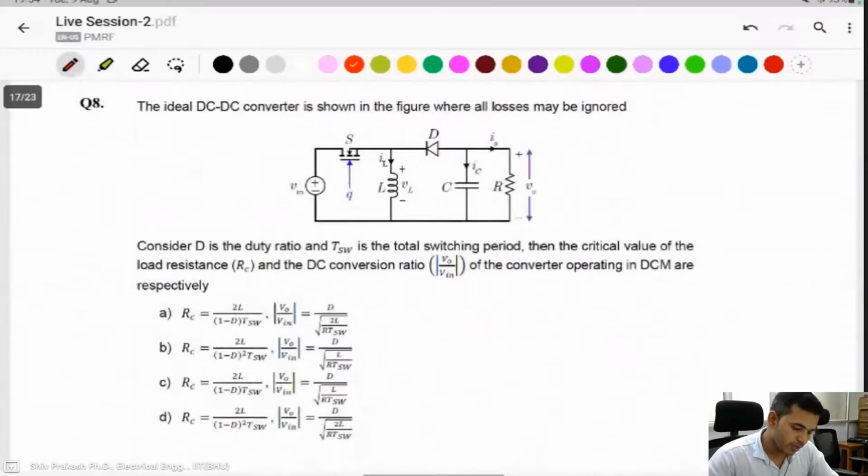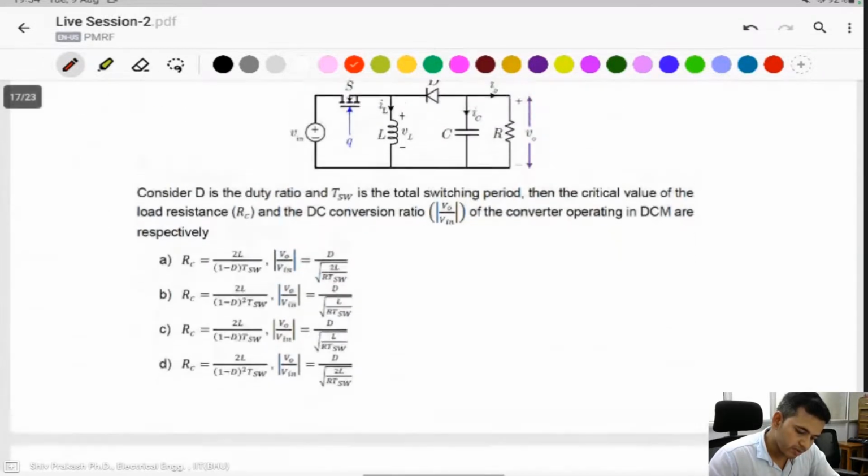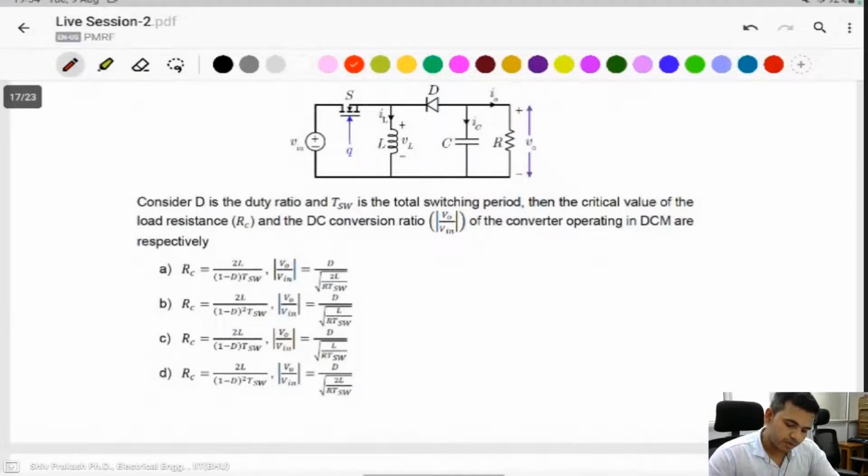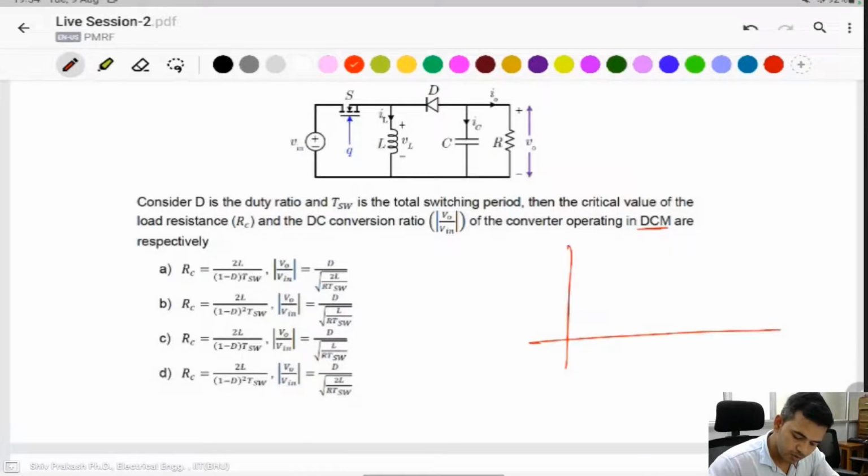Question number 8. An ideal DC-DC converter is shown in the figure, with all losses ignored. In this one, a buck-boost converter, take the switching frequency, then the critical value of the load resistance and the DC conversion ratio V naught by V in of the converter, applying continuous conduction mode. In this continuous conduction mode, you apply the same waveform and find it for IL.